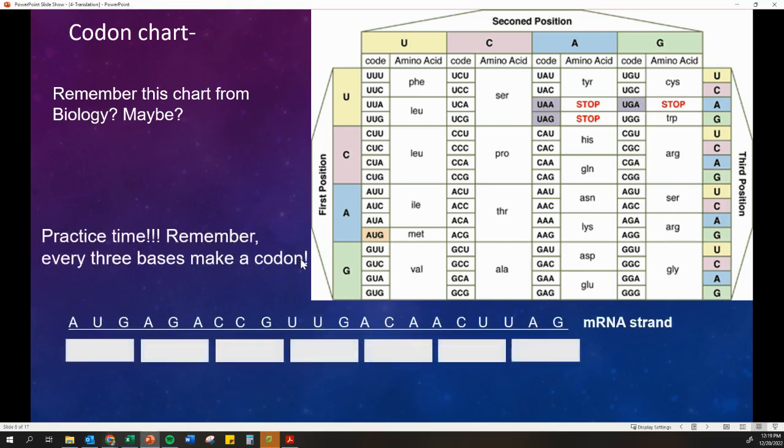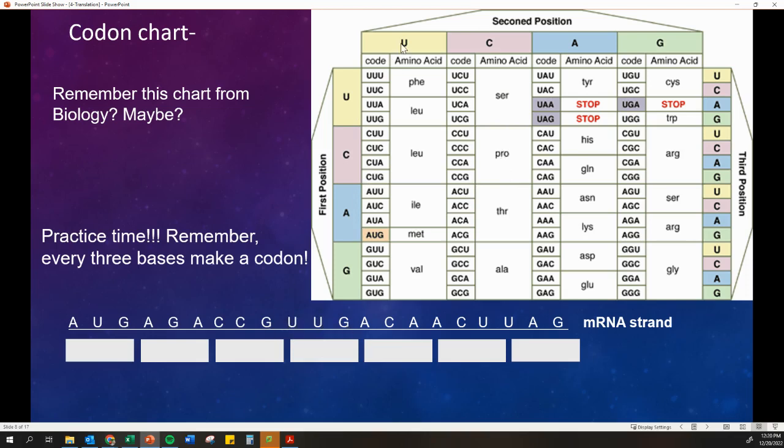Okay, so here's an example. Try this on your own. AUG would be MET. AGA would be ARG. CCG would be PRO.